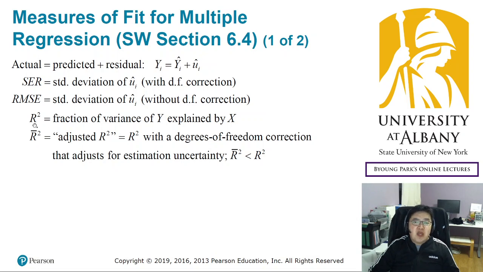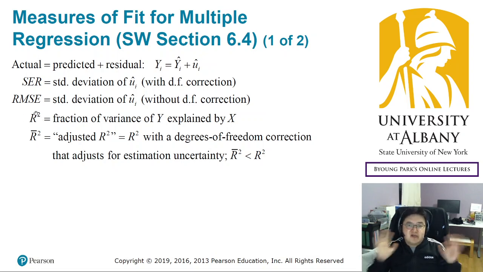And we now introduce the adjusted R squared. The adjusted R squared is adjusting. What you can mathematically show is that if you use the R squared, it always favors a model with more variables.